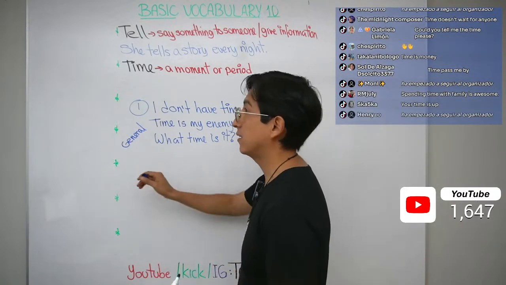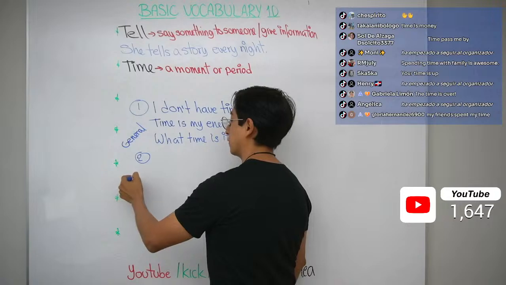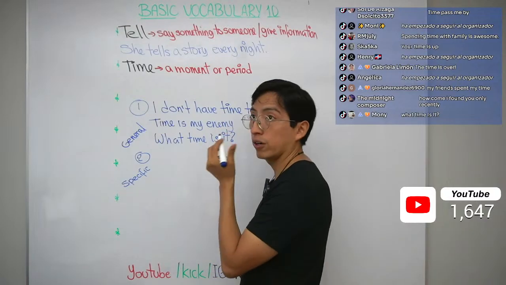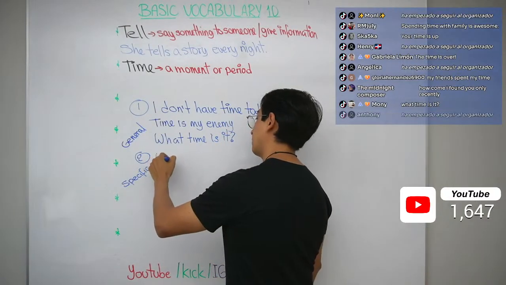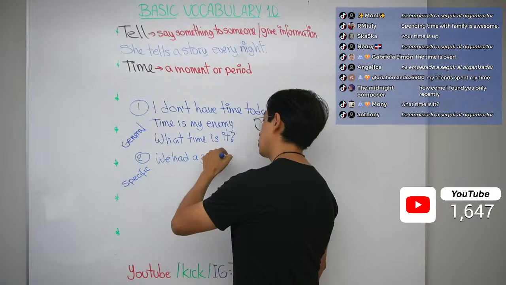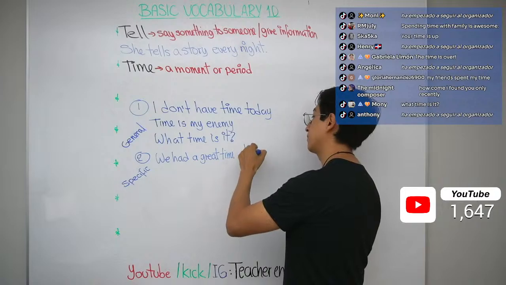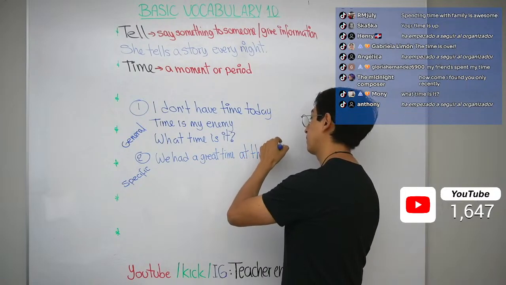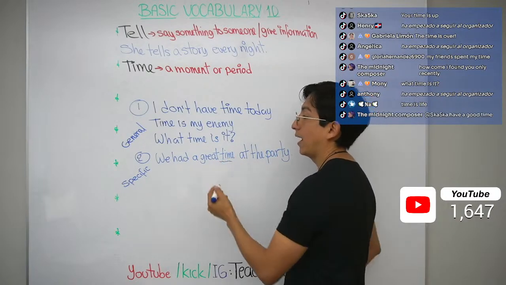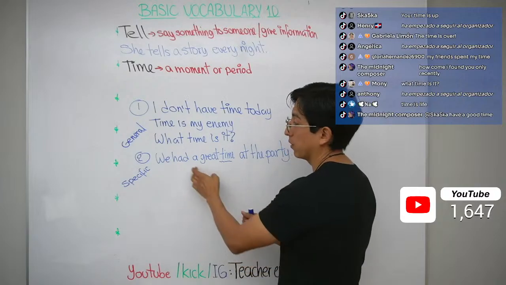Now, let's continue with the second meaning. We're talking about something that is more specific. For example, we had a great time. Okay, we had a great time at the party. Look at this. We're talking about a specific moment. We had a great time.